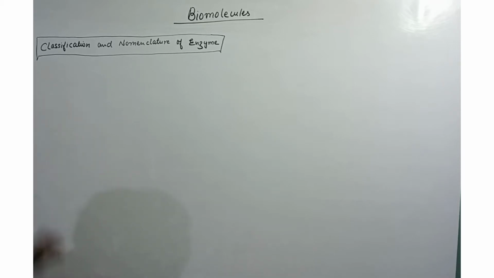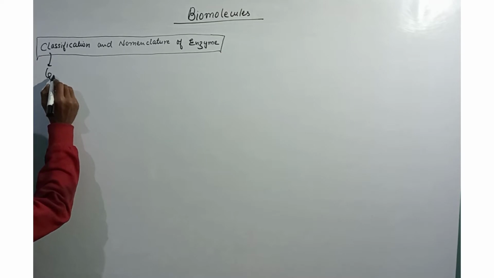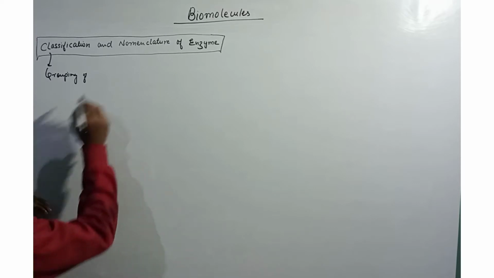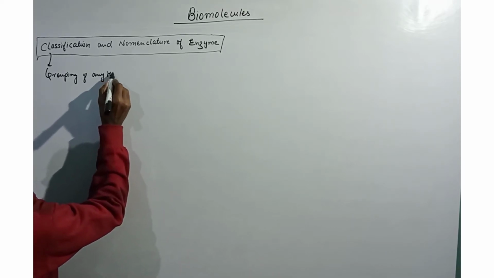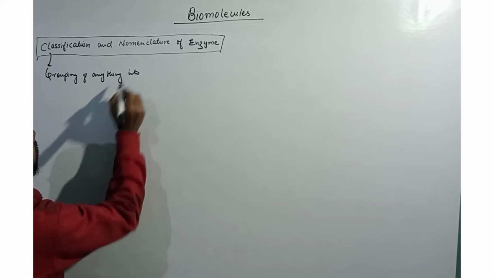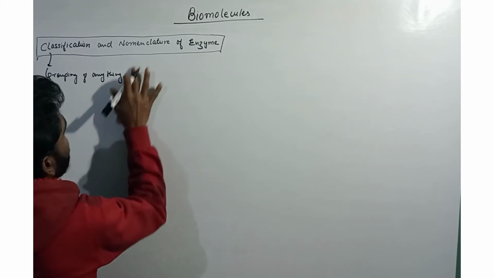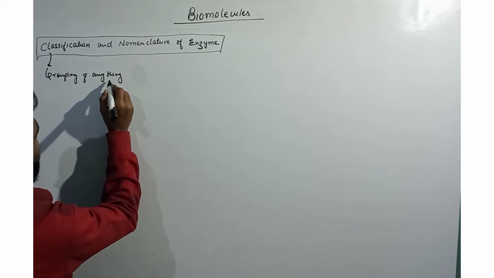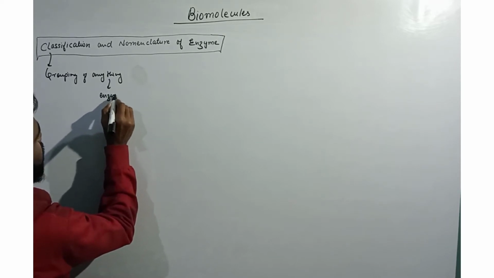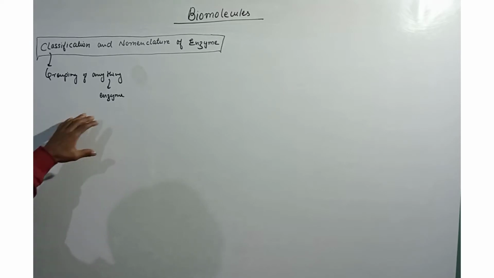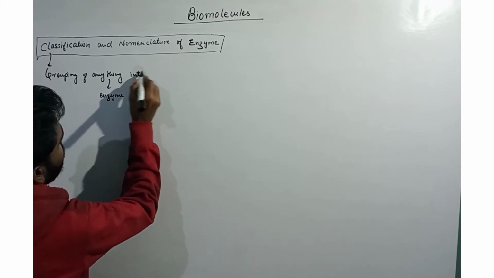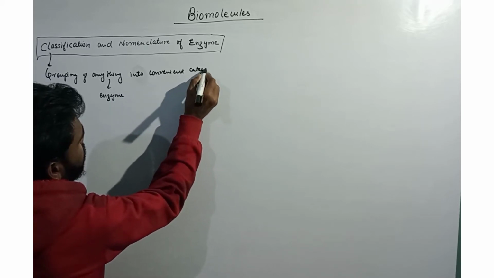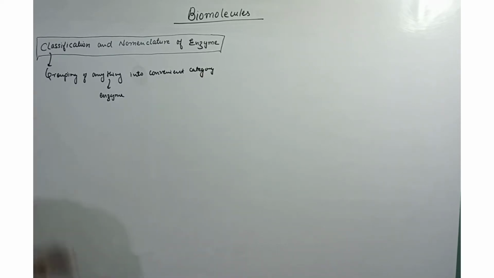Classification means grouping of anything, please do remember, grouping of anything into convenient categories. Here I am talking about enzyme, so grouping of enzymes into convenient categories is called classification of enzyme.